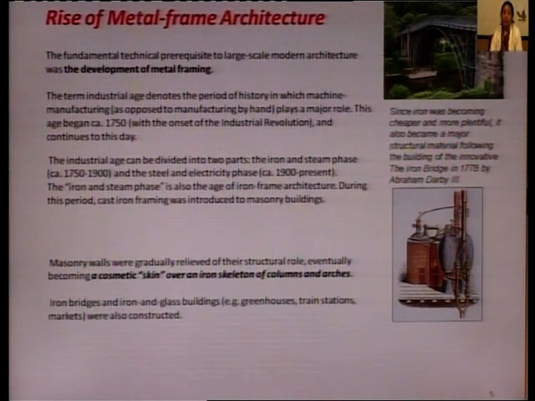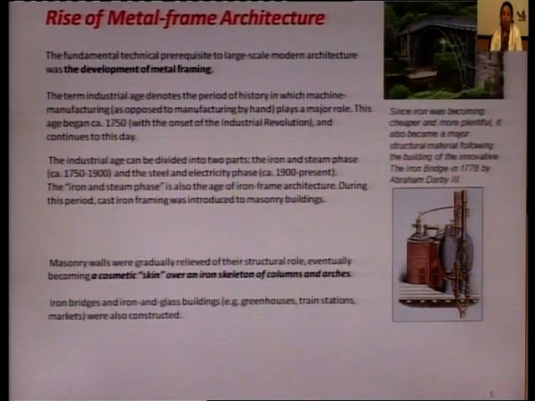So basically we can divide the industrial age into two major parts. The iron and steam phase, which is 1750 to 1900, and the steel and electricity phase, which is 1980 onwards. The iron and steam phase is also the age of the iron frame architecture. During this period, cast iron framing was introduced to masonry buildings.